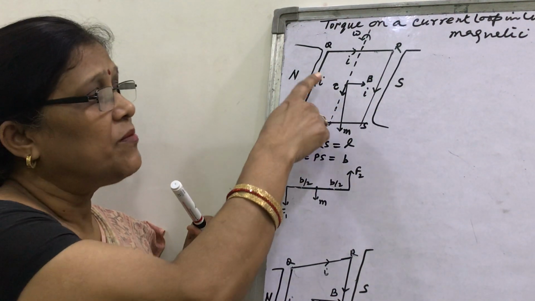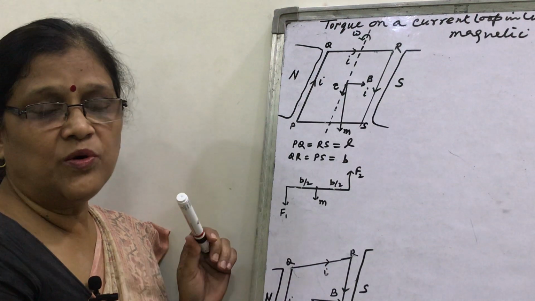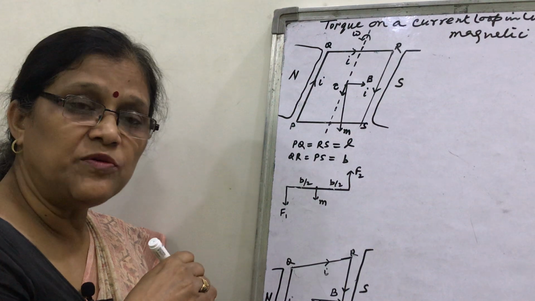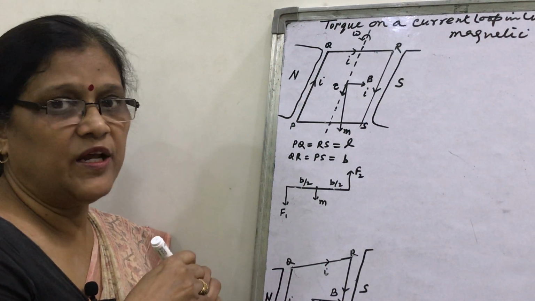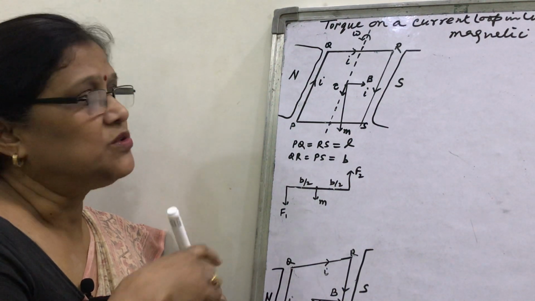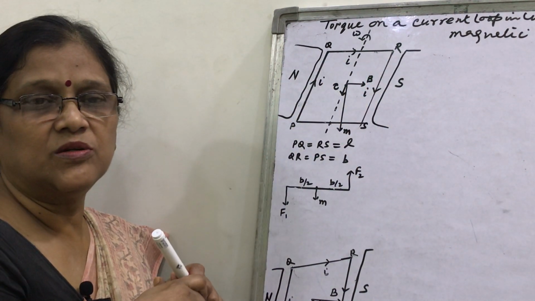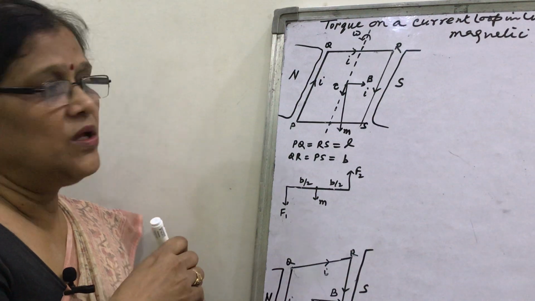You know when a current carrying conductor is placed in a magnetic field, a force acts. And when is the force zero? When I and B are in the same direction. So for these arms QR and PS, what will happen?